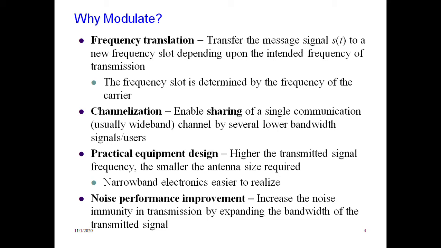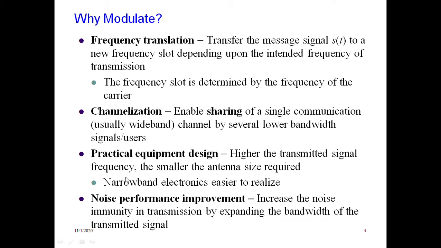For example, we have a number of users, but we want to put them in the same bandwidth, so we put each of the users on a different modulation or carrier to enable channelization. It means we channel it into smaller bandwidth.